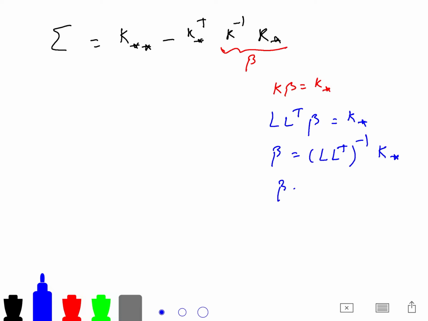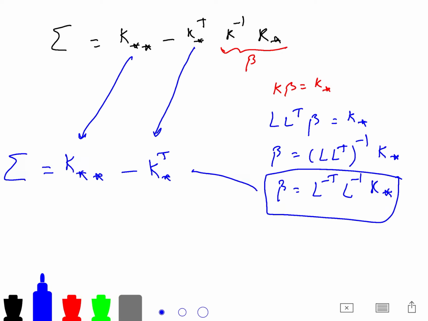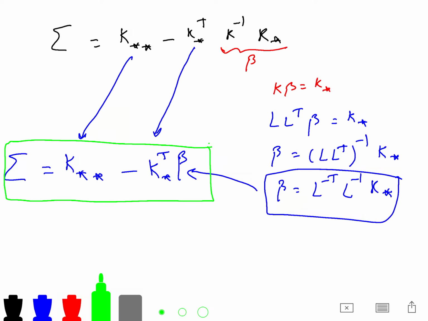So beta is L minus T L inverse K star. So your covariance is K star star minus K star transpose beta. Instead of inverting, you just put beta here, and you compute it in Python, so it is not prone to inaccuracy, and you can solve it very quickly and efficiently.